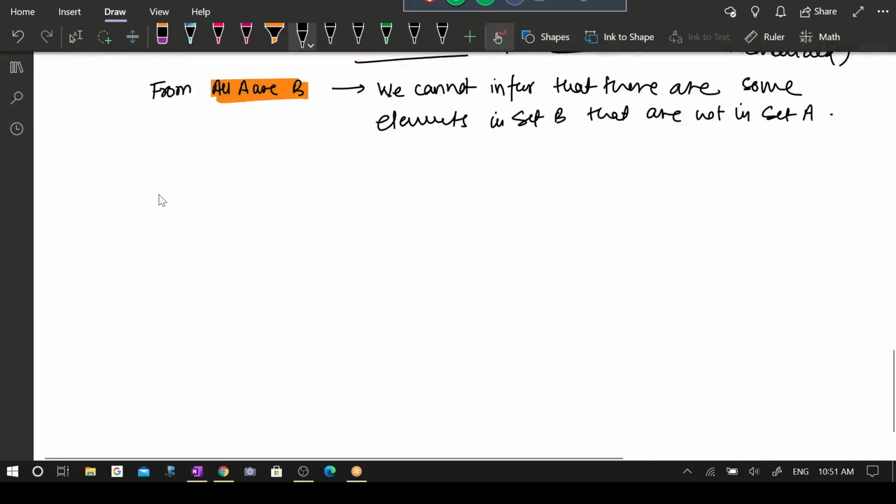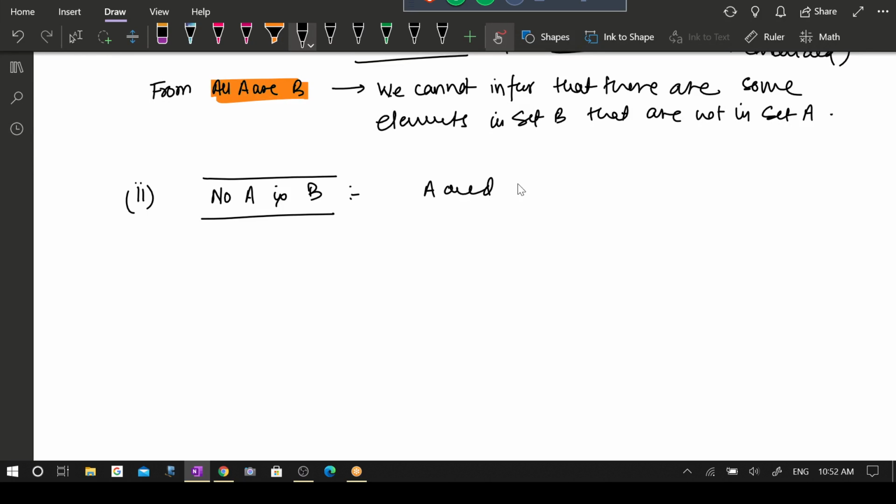Alright. Then, point 2. No A is B. Let's make a picture of it. No A is B basically means A and B are disjoint sets.